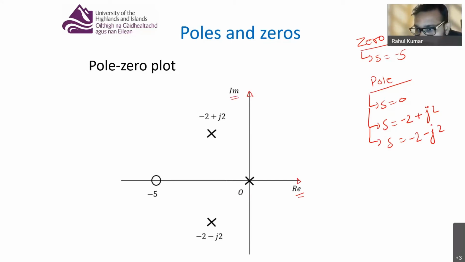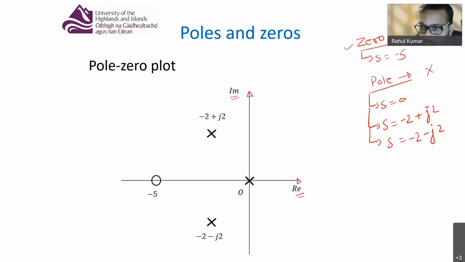Right? So let's plot zeros first. Zeros make my transfer function 0, and they are represented by a circle. Now poles make my transfer function infinite, and they are represented by a cross in the pole-zero plot.